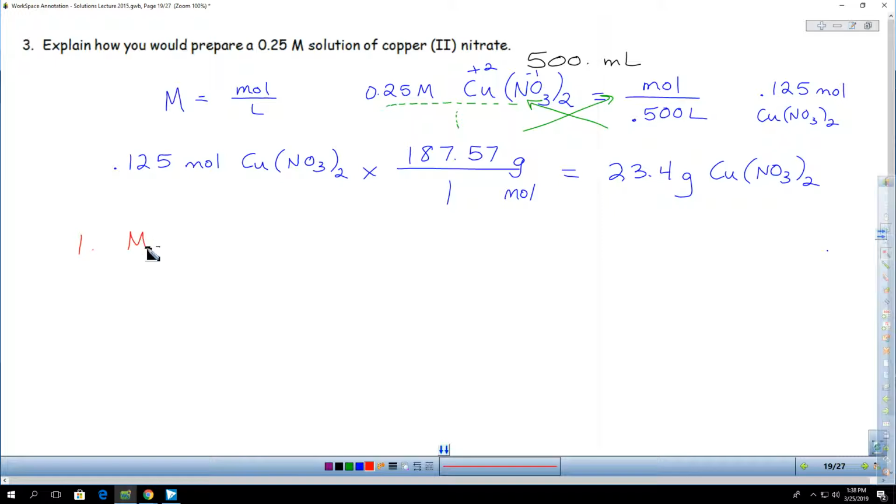I'm going to measure 23.4 grams of that copper nitrate. I'm going to write in there, it's a solid. Most of these solutes are solids. We're going to add that then to a beaker.